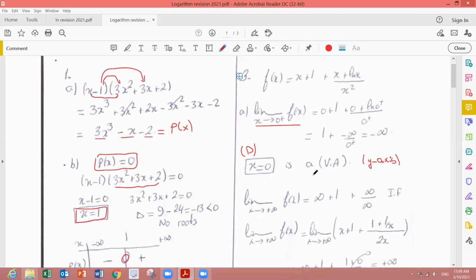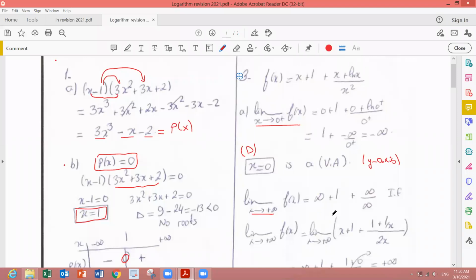Now the limit at plus infinity. The second boundary is plus infinity. Limit as x tends to plus infinity. We replace each x by plus infinity. It becomes infinity plus 1. Here the numerator, infinity plus infinity, is infinity, over infinity: an indeterminate form. We apply L'Hospital's rule to the fraction part, not to x plus 1, only to the ratio.